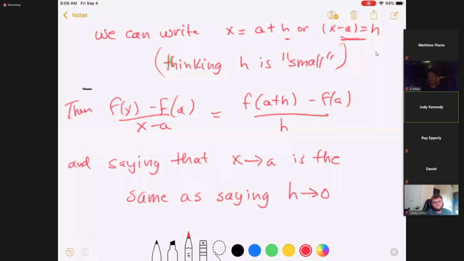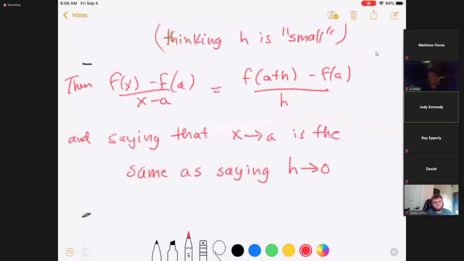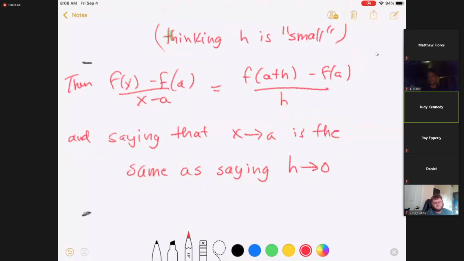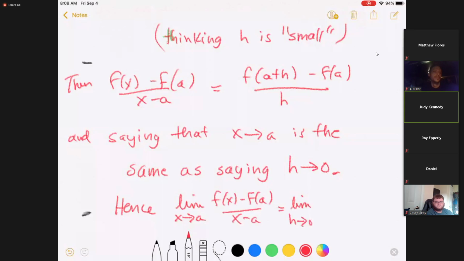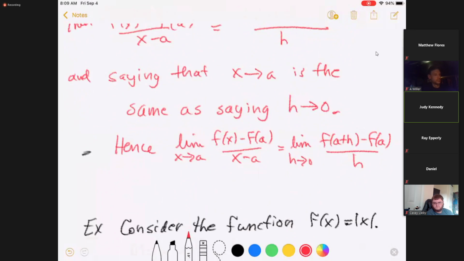Okay, so that's why these definitions are equivalent. The limit as x approaches a of f of x minus f of a over x minus a is equal to the limit as h approaches 0 of f of a plus h minus f of a over h. And you can use either definition.